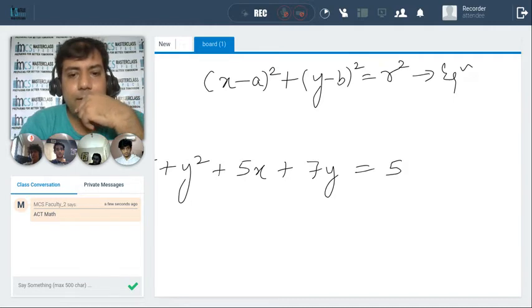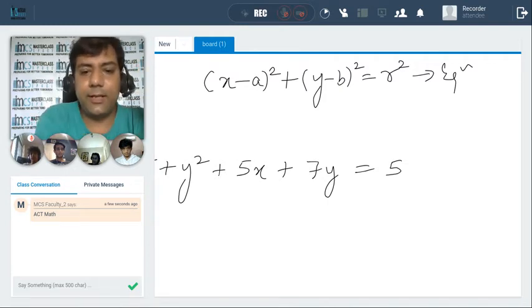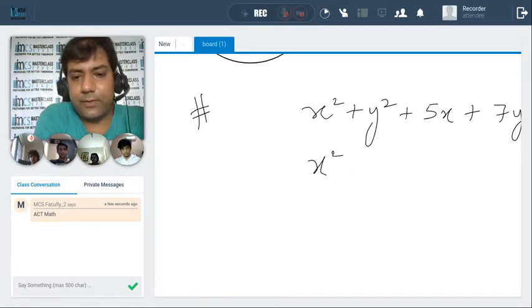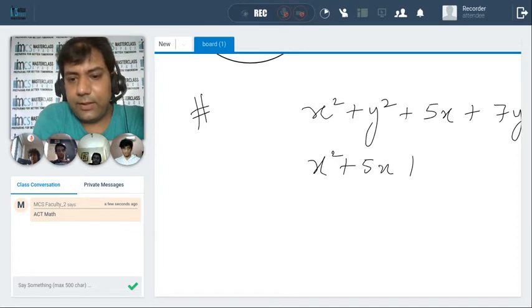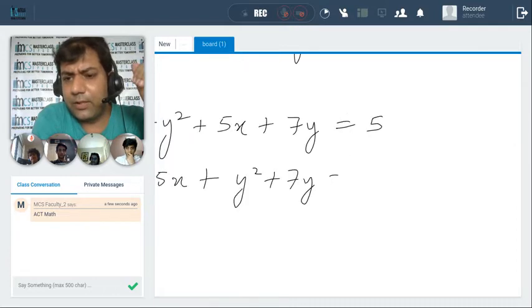It's b over 2a or something like that. Fine, let me tell you. Let's put these terms together: x squared plus 5x, and y squared plus 7y equals to 5. Half of the middle term, yeah, something like that. Don't worry about it.